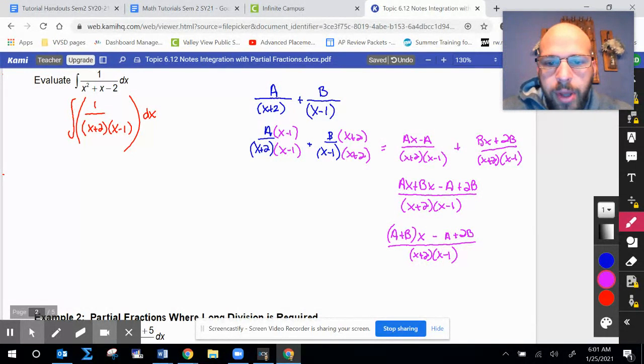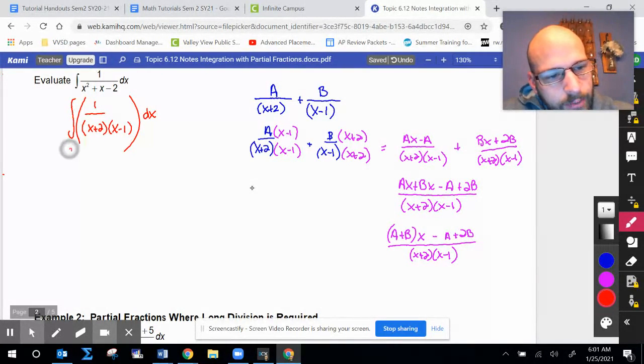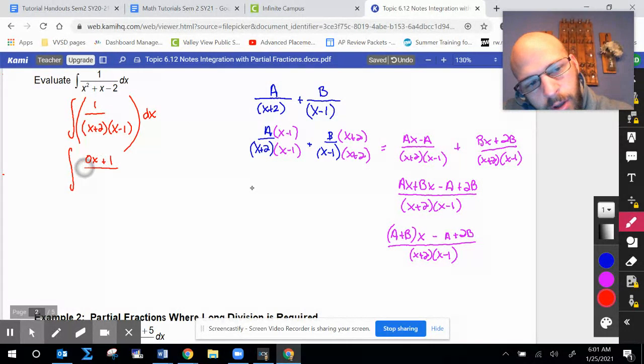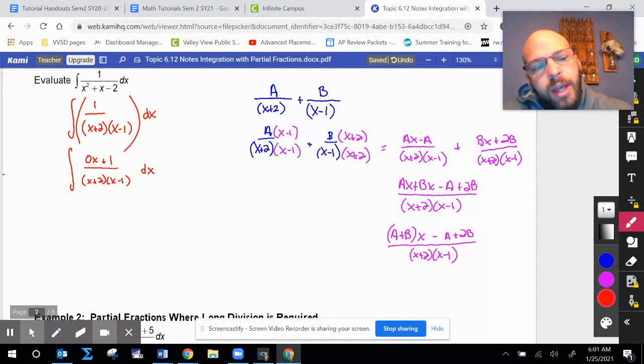Now, I want you to look back at the original problem, okay? This original problem, I'm going to write in a slightly different way. It is the same thing as saying 0x plus 1 all over x plus 2, x minus 1. Now, if you notice, I put in a 0x. Why did I do that? Because I didn't have any x's in the numerator.